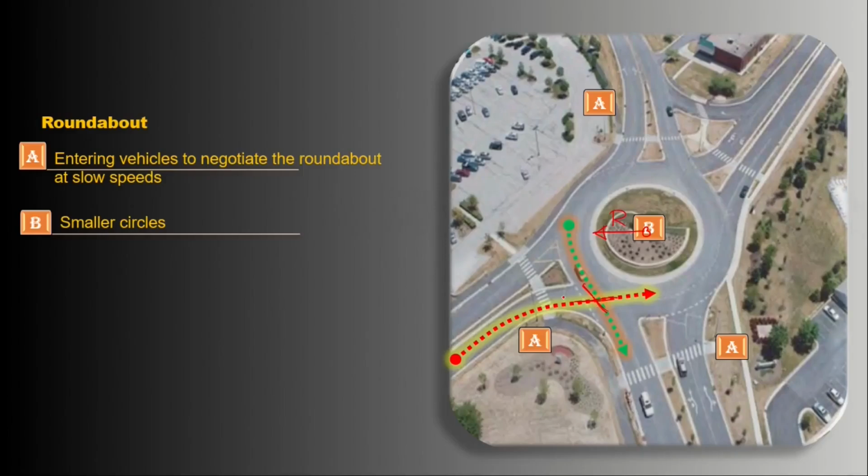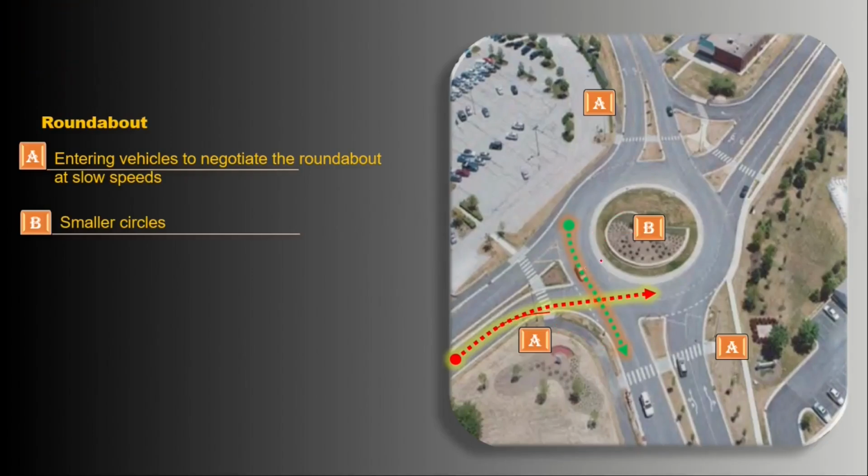So there is no need to provide a length to accommodate the weaving section like we did in designing rotaries. Second, as we just mentioned, the speed of different movements is controlled by the geometry of roundabouts.